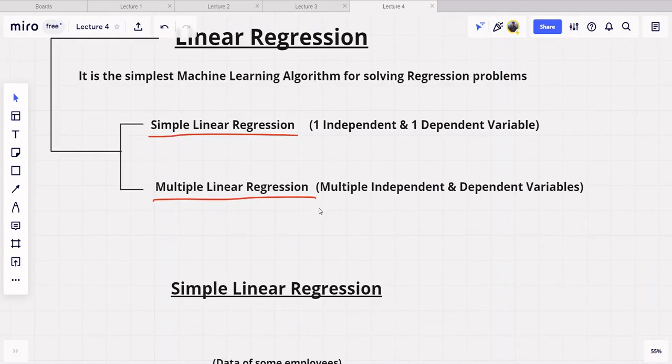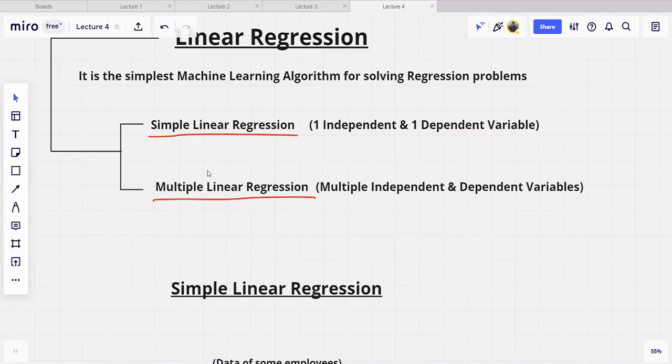Now in this particular video I will explain simple linear regression, and at the end I will show you some Python code to implement it. I won't be discussing multiple linear regression yet because it needs some matrix multiplications and stuff, and it's a bit complex. I won't recommend you go and look at multiple linear regression yet.